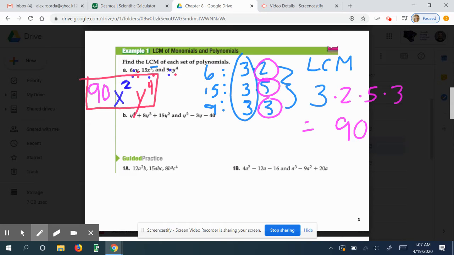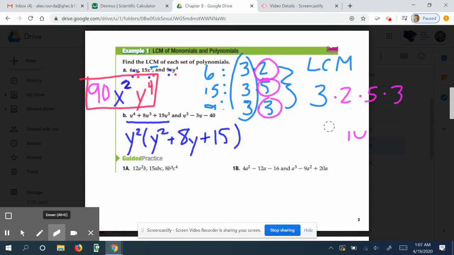All right, let's look at letter B, which is going to be significantly more difficult. Now, why is that one more difficult? Well, I'll show you why. First, I have to break it down. So notice in here I have y to the fourth, y to the third, and y to the second. So I'm going to take out a y to the second, and I get y squared plus 8y plus 15, which I can break down even further, right?